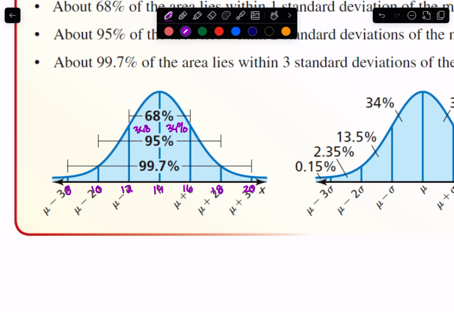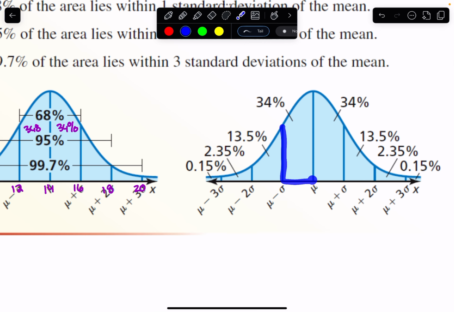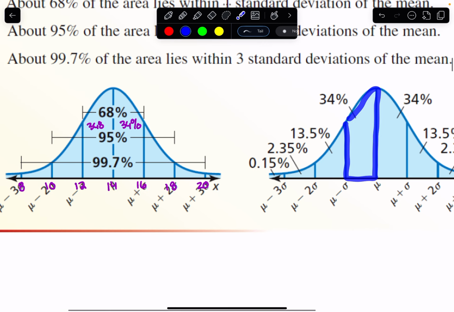So when you put those two sections together, you end up with 68%, which is what this chart says. This chart says from here to here is 68%. The chart on the right is showing you the individual amounts. The chart on the left is showing you if you're starting at the middle.